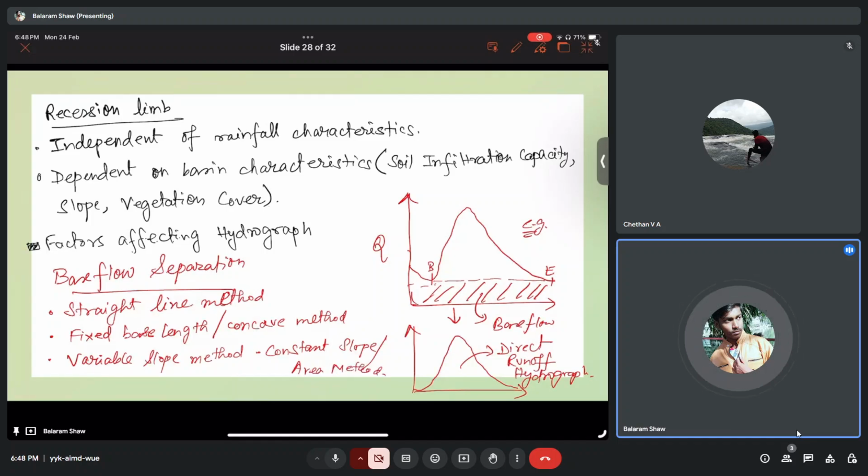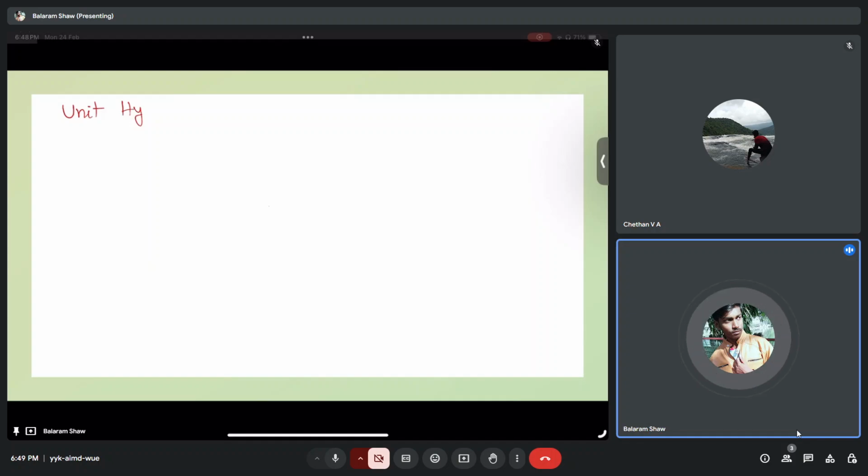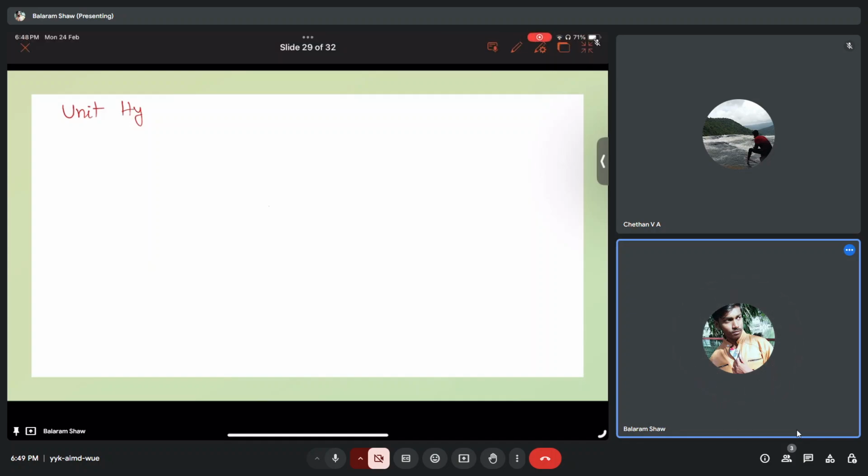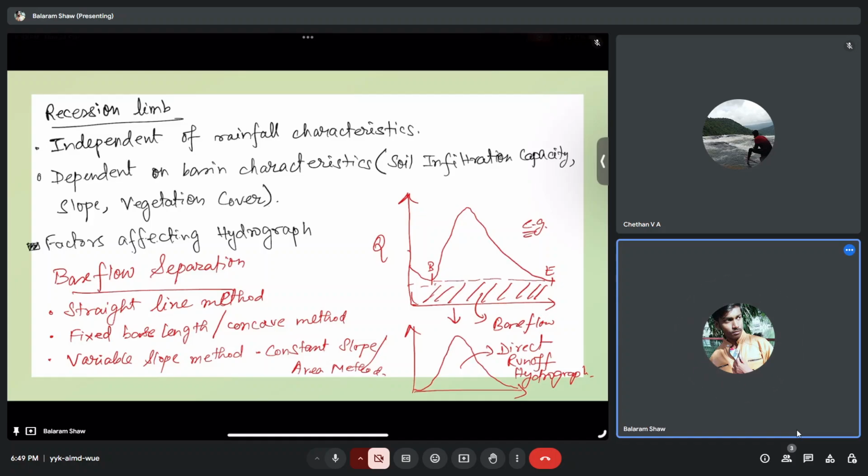What is the main purpose of doing base flow separation? The main purpose is to distinguish and isolate the base flow component from the total runoff so that we can get the direct runoff hydrograph. This direct runoff hydrograph is due to the rainfall excess or effective rainfall.